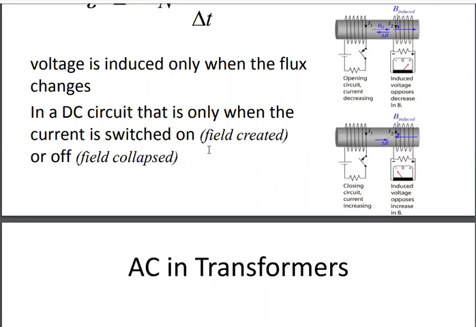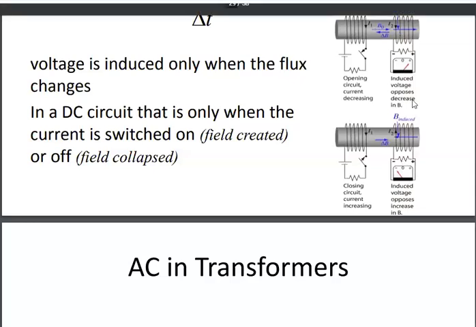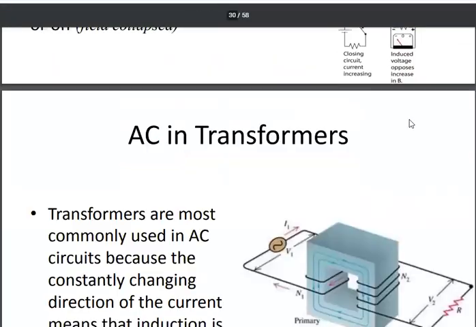Thereafter, it becomes constant. So during switching on and switching off, the pointer of the secondary coil will show deflection. But after switching on and switching off, there will be no deflection in the two coils. That means no induced current in the coils.